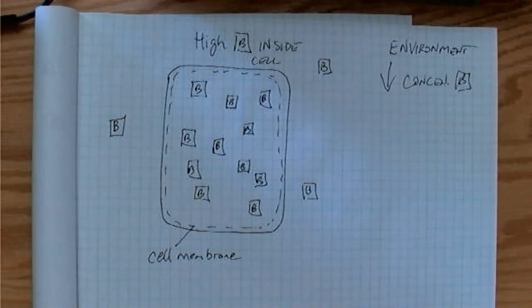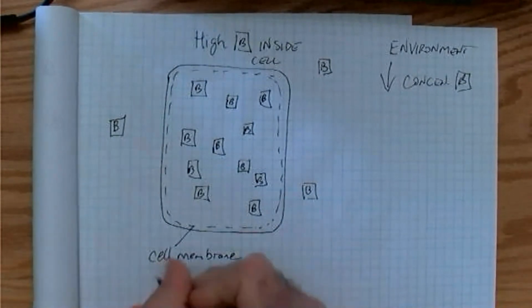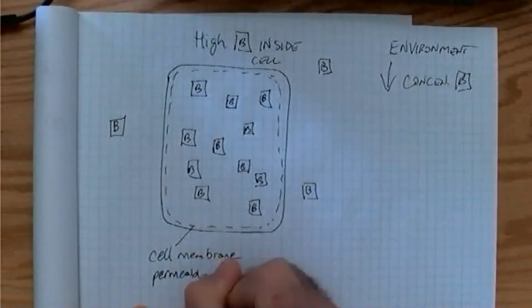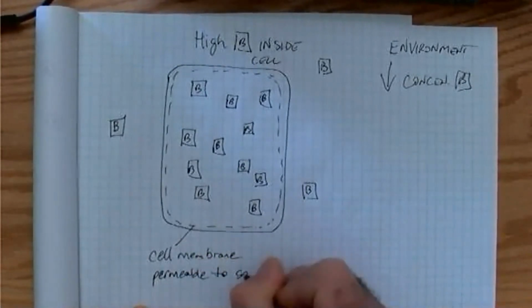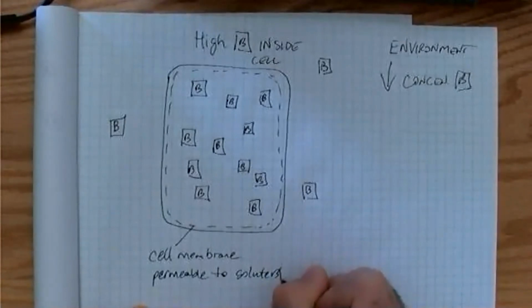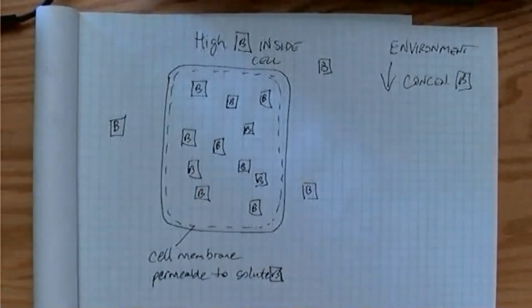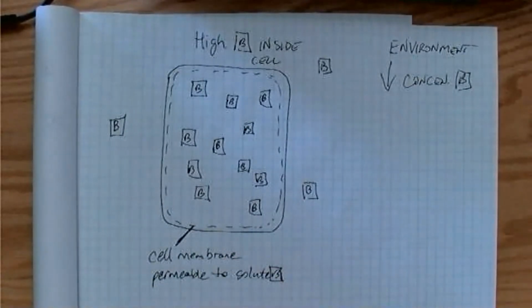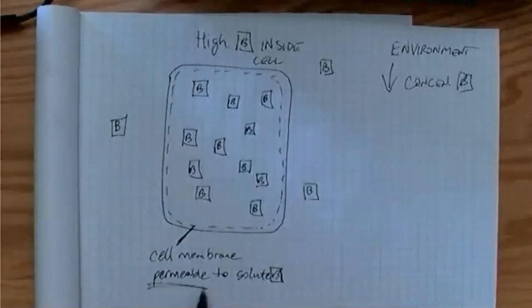Stop for a second and think, okay, this cell membrane is permeable to solute B. I should actually be saying it's solute B that is permeable to the cell membrane, but that's okay. We're not going to get too picky about how to use the word permeable. The important thing is that you understand what it means.